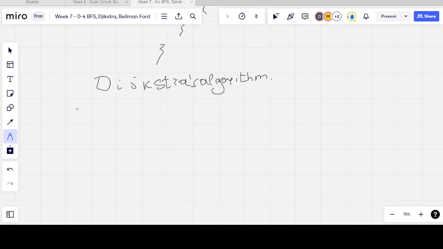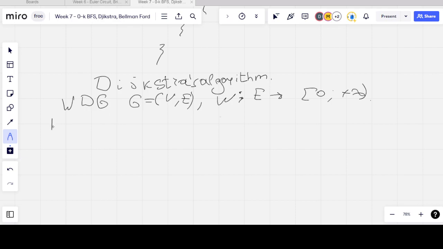We are given a weighted directed graph G = (V, E), and we have a weight function that works from E to real numbers plus infinity.